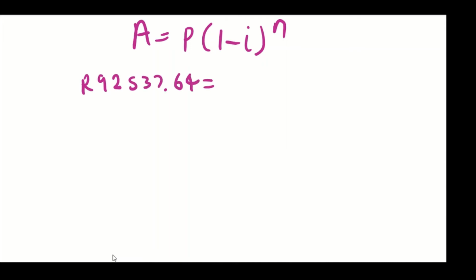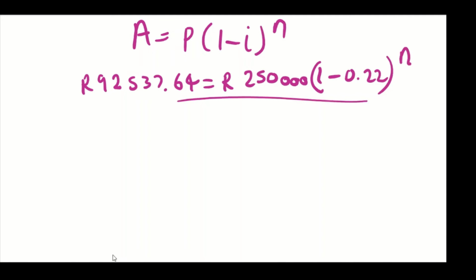So we're having A is equal to P into 1 minus i to the power of n, and our A is equal to 92537.64, which equals the price of the car, which is 250,000 rand, into 1 minus our interest rate, which is 22%, so it's 1 minus 0.22, right? And then we don't know n, so n is what we are looking for.